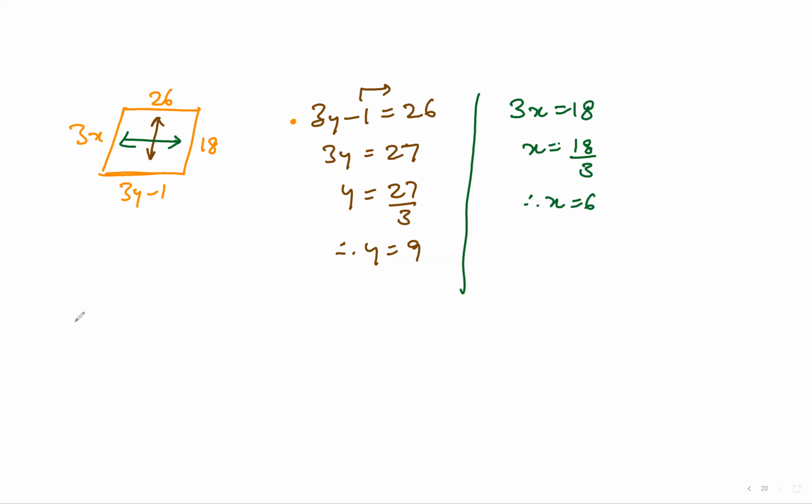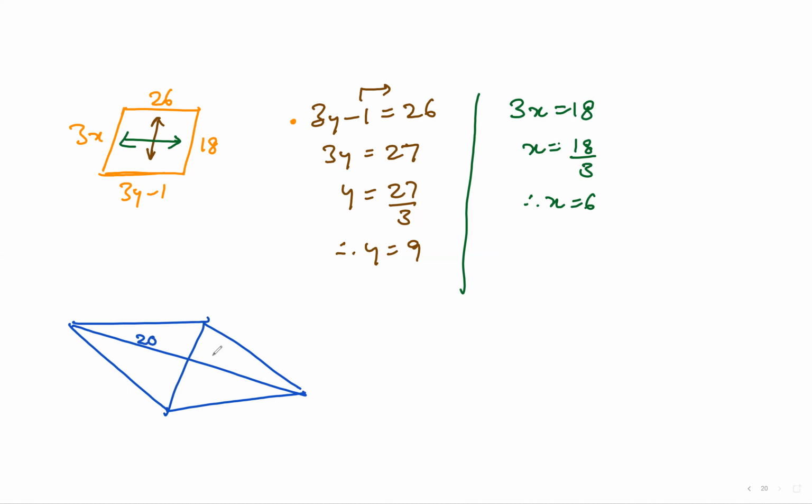I hope you remember. They have given this as 20, and this is y plus 7, and this is x plus y, and this 16. We already know the first concept: the diagonals bisect each other.